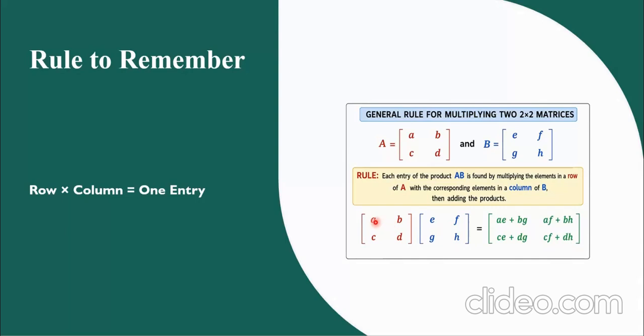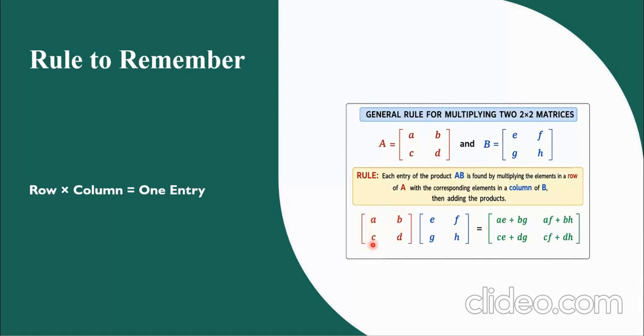So you have A times E, B times G, then we add. Then we come again, A times F, B times H. Get this. So we are done with this row in the first matrix.